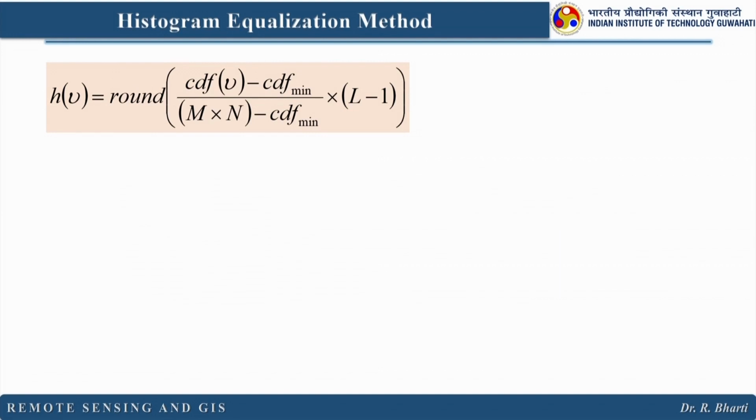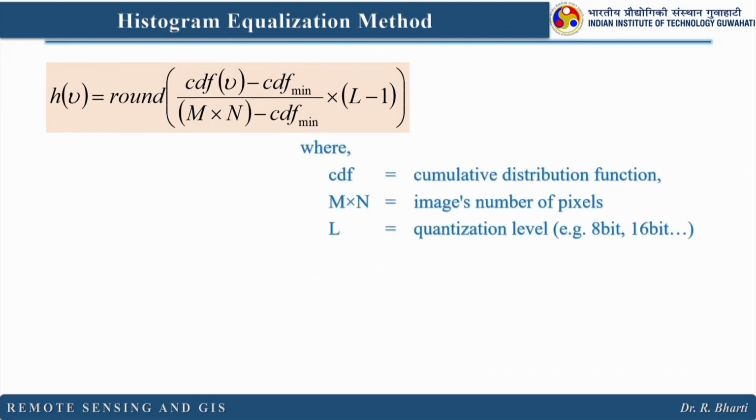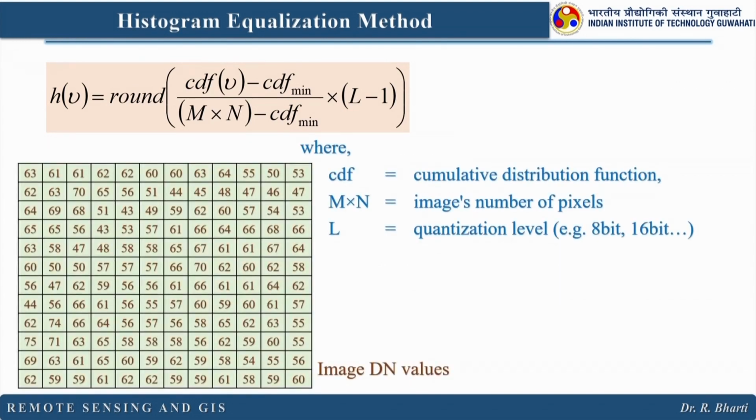So, here we use this particular method and identify the output value, where CDF is the cumulative distribution function, M and N are the image number of pixels, and L is the quantization level. In 8 bit, 16 bit, this value will keep on changing.